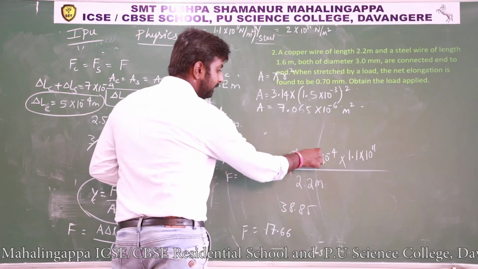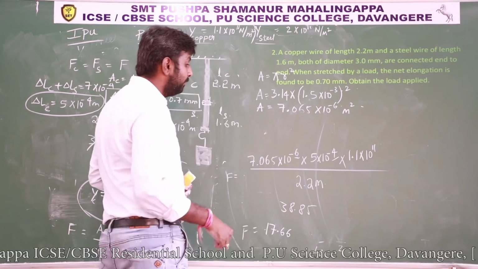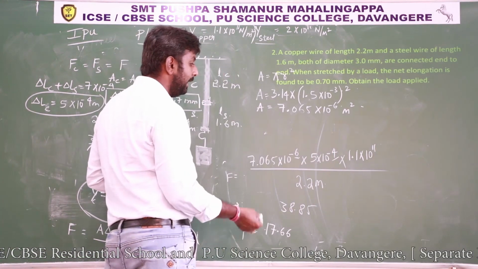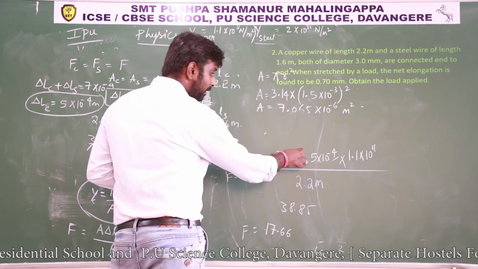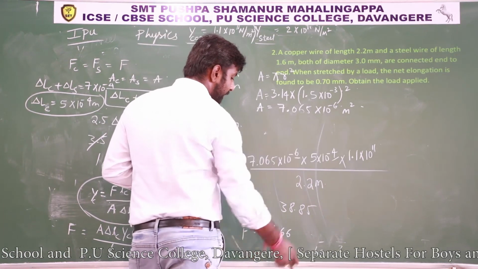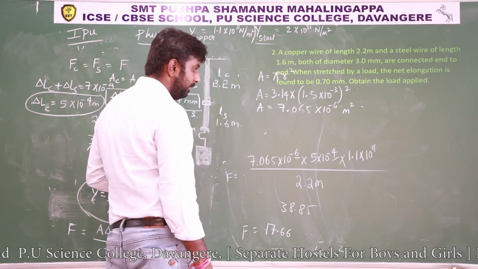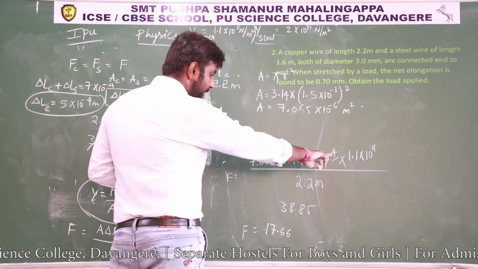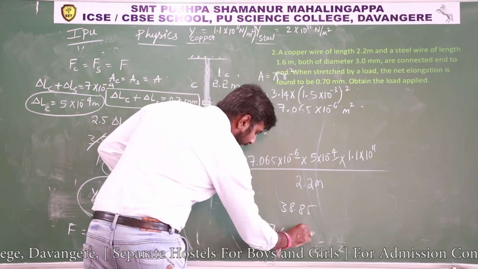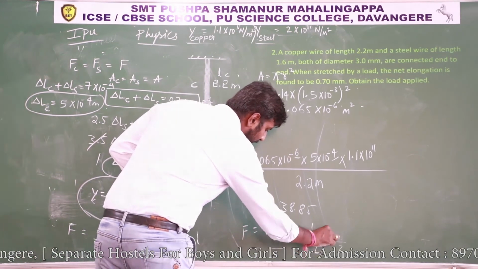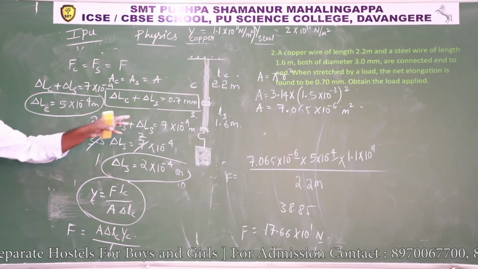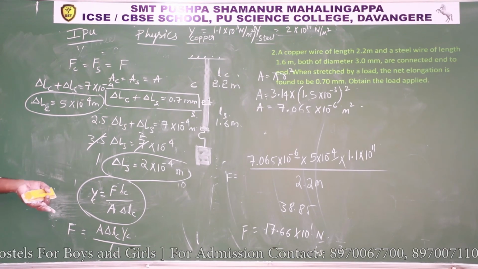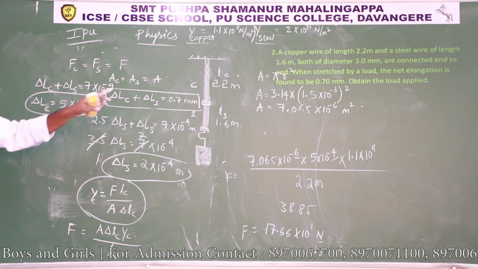Here minus 6, minus 4 becomes minus 10, right? Minus 10 and plus 11 means that you will get 1 into 10 to the power 1 Newton. So this is the load applied on the copper and steel rod.